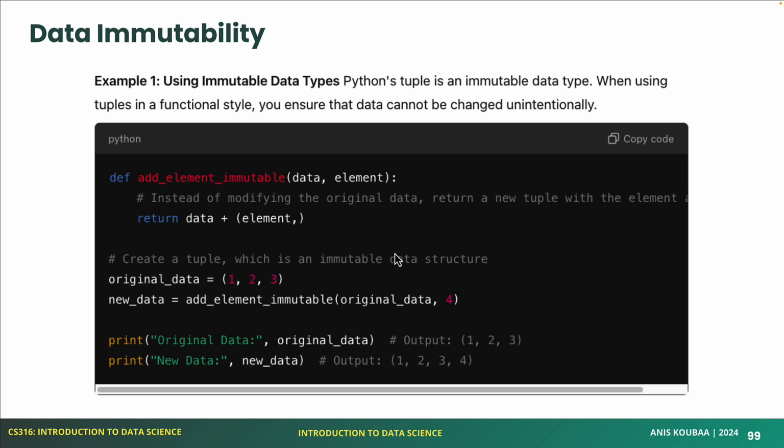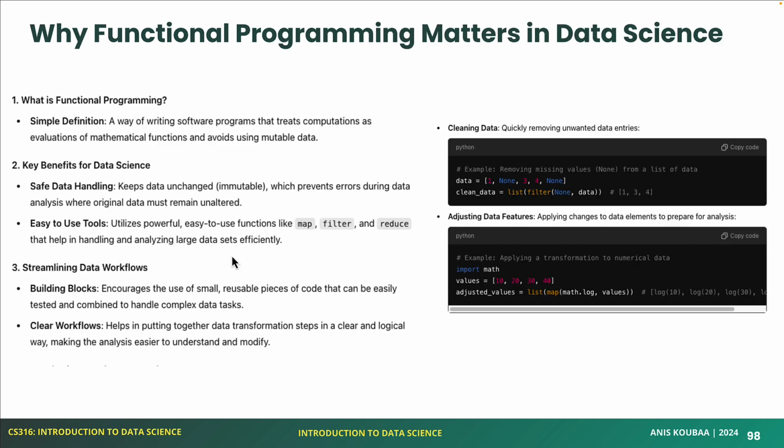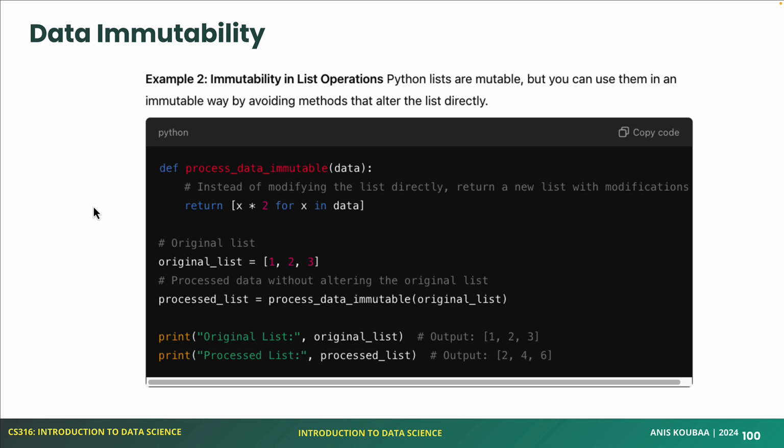So the concept of data being immutable in functions has benefits: not to compromise the original data. And this is one of the safe operations that we do for data handling. This is another example.